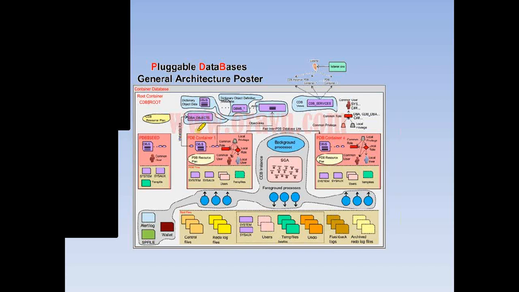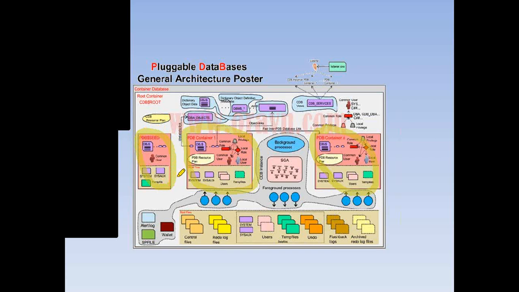Okay, so you can see here this is PDB1, which is pluggable database 1, which is created inside the main container database, and this is PDB2 for example. And PDB1 and PDB2 are created from one basic seed, which is PDB seed.